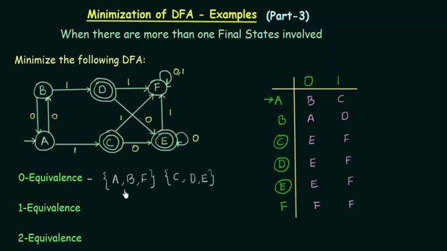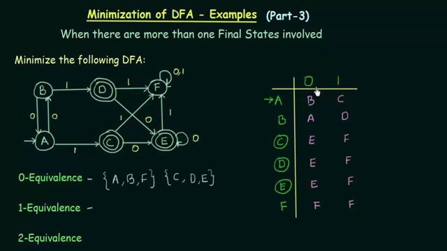So when you put the non-final states and final states in two separate sets, you are done with the zero equivalence. Now coming to the one equivalence, we find it by using the row of zero equivalence. Here I have two sets and I have to check if states in the same set are one equivalent to each other or not. So let me check A and B first.